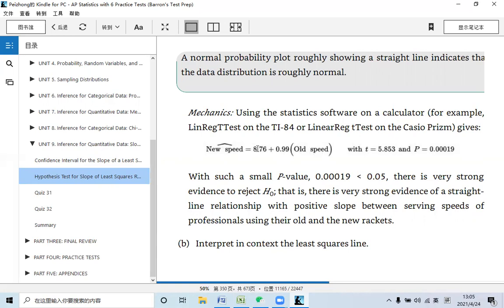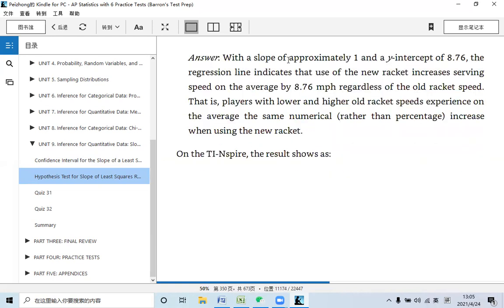And this intercept means that when the old speed is 0, what happens with the speed using the new racket? The slope is approximately 1, it's almost 1, and the intercept is 8.76. Regression line can use new racket increase ceiling. Yeah, right.